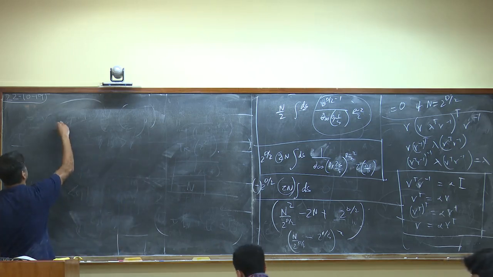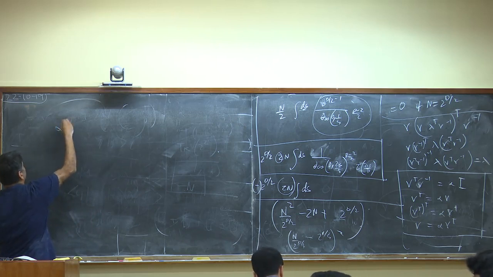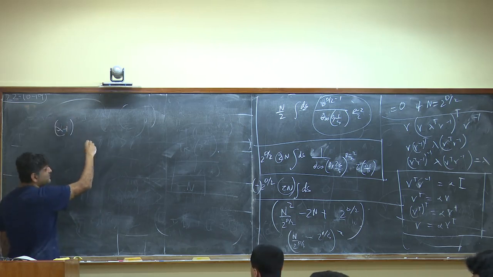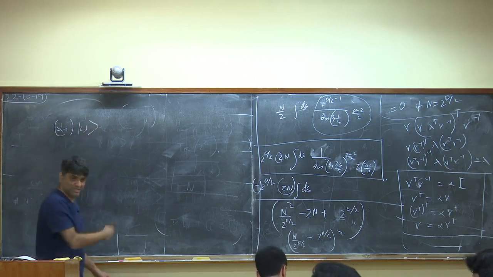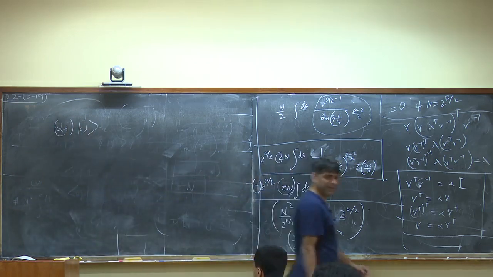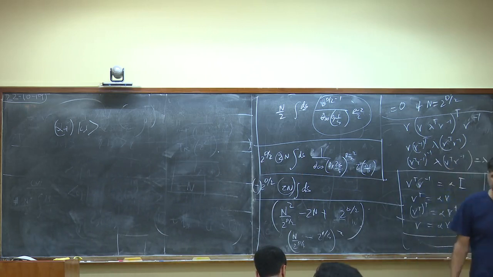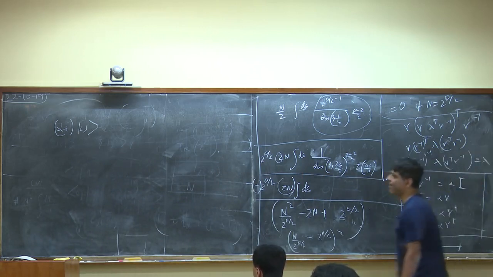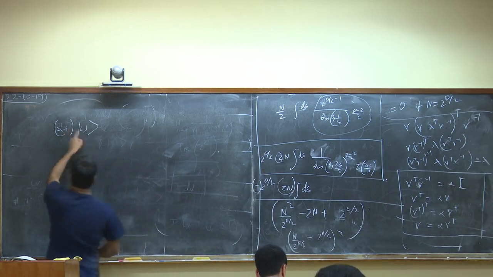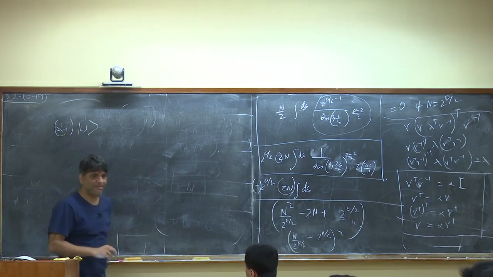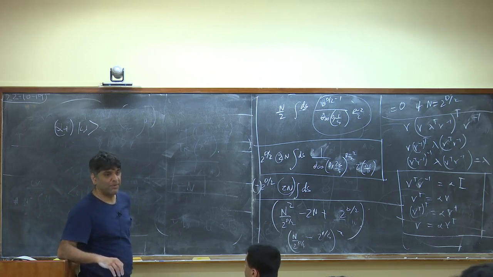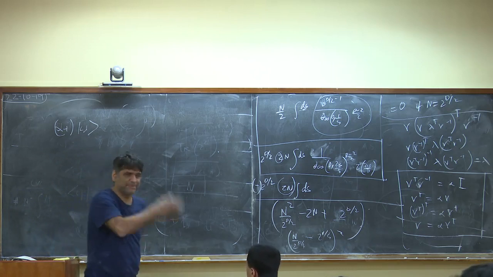For a general open string, it was alpha to the power minus 1 times ij, where i and j were arbitrary.